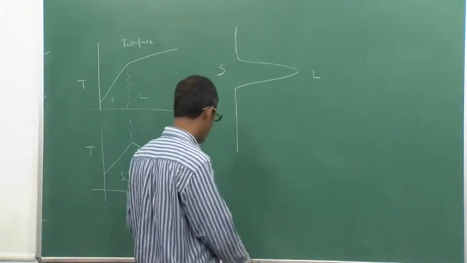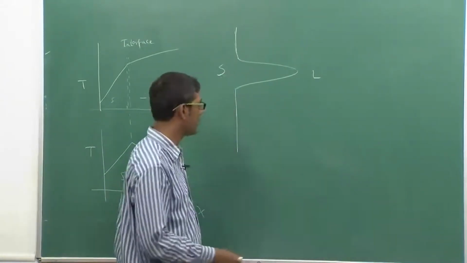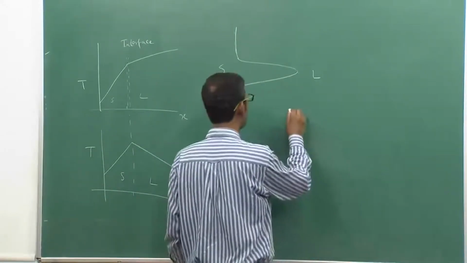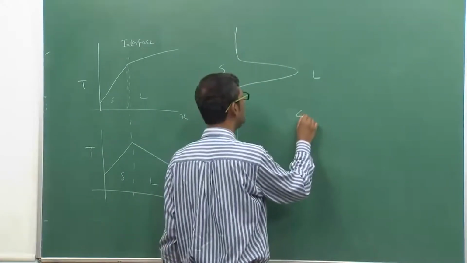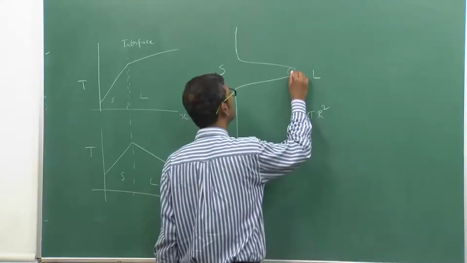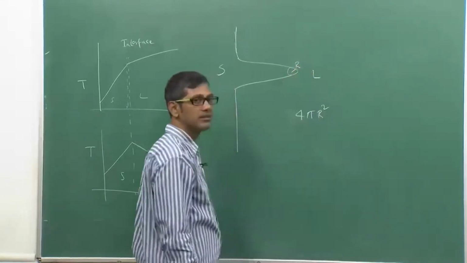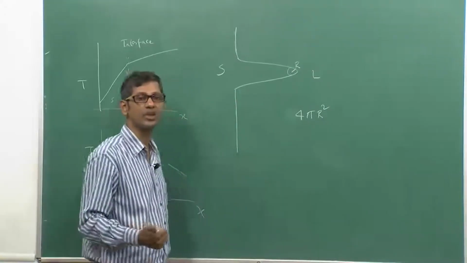So I can write that when the dendrites grow, this growth actually happens in certain crystallographic directions. I can write down that the heat release at the tip, and let us suppose this is the radius of the tip of the dendrite, is what is more important because that is in touch with the liquid.